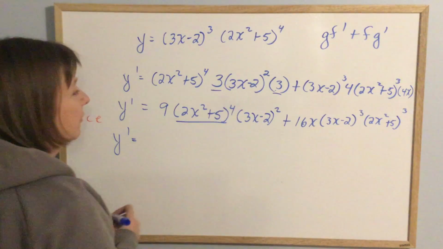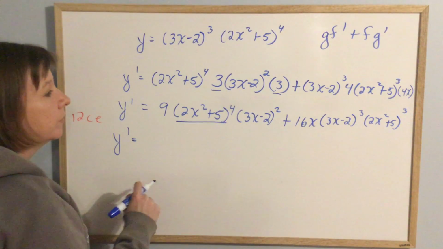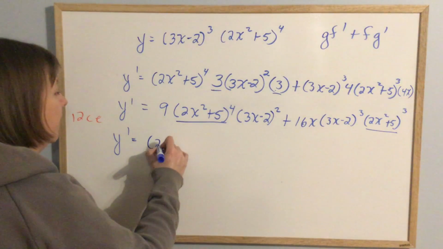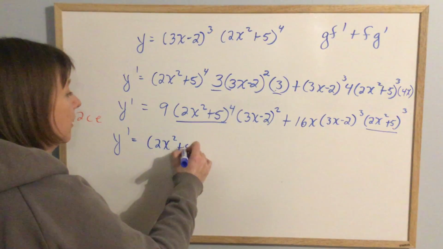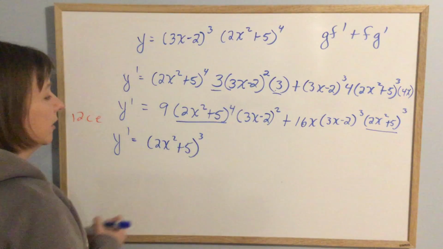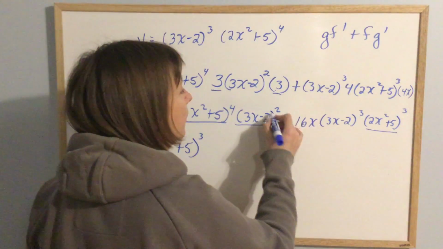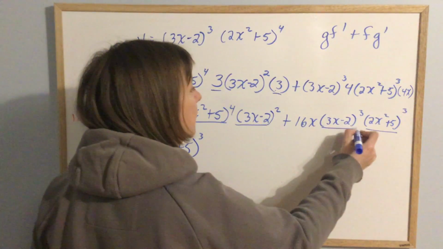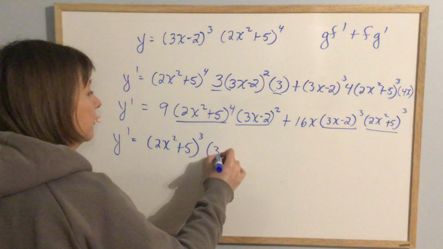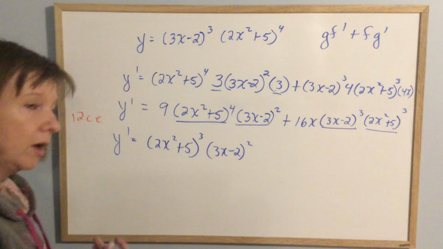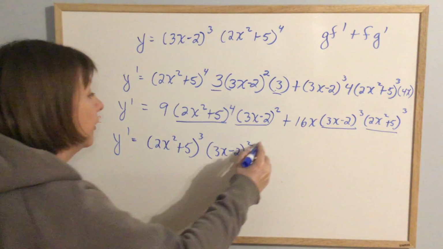I have 2x squared plus 5. I have 4 of them in this piece, and I have 3 of them in this piece. So I have at least 3 2x squared plus 5s in both pieces. 3x minus 2, I have that it's squared there, but it's cubed there. So it is at least squared in both. So that's what I would think about for common factors.